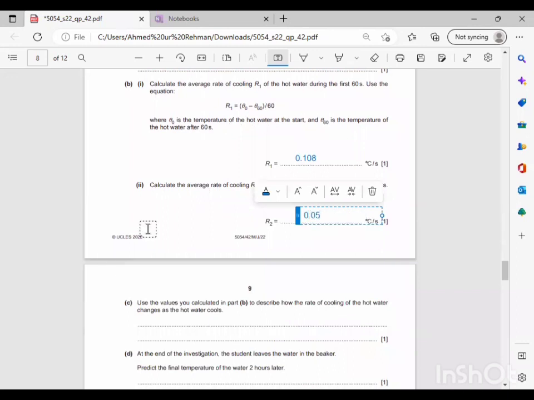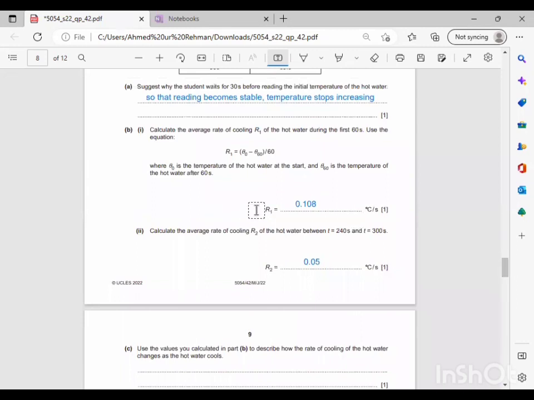Then what do we have? Use the values you calculated in part B to describe how the rate of cooling of the hot water changes as the hot water cools. Here the rate was 0.108. Here the rate is 0.05. What happened to the rate? It decreased, right?